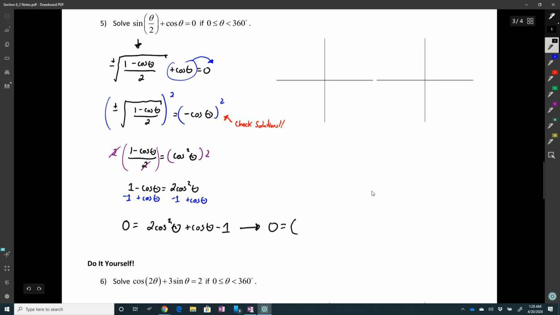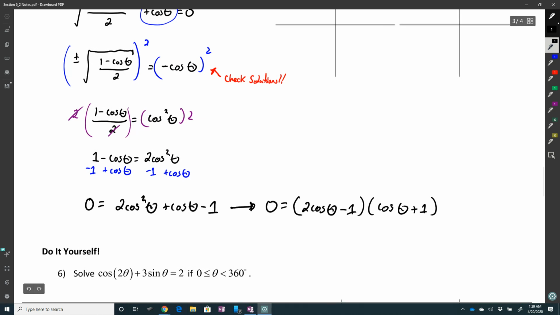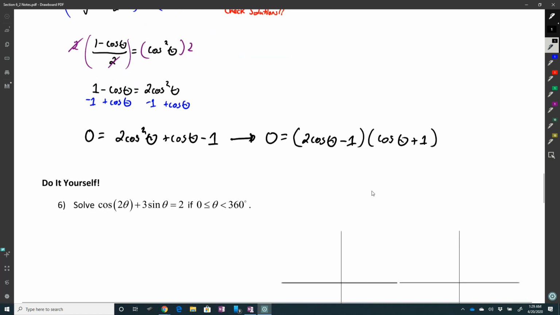That ends up becoming 2 cosine theta minus 1 and cosine theta plus 1. Yay! So solving for this, I have cosine theta equals positive half, cosine theta equals negative 1.